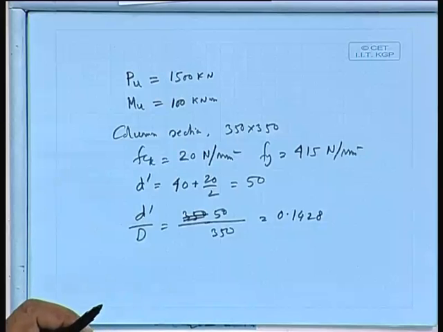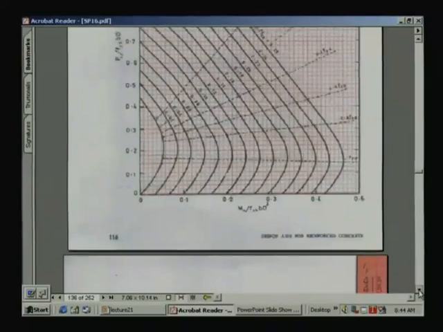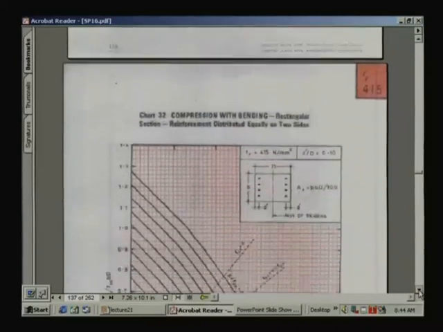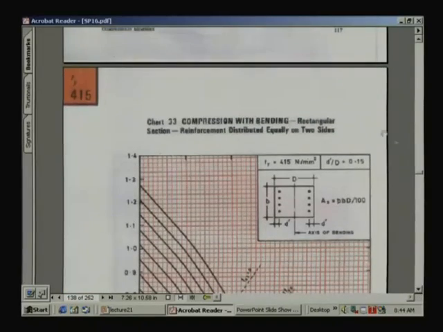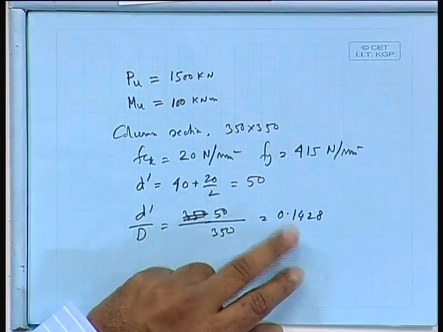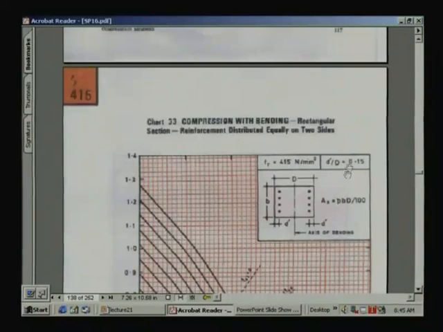Though it is not correct, we can interpolate, of course, but we can take the table or chart, because this chart says d dash by d equal to 0.15. We can take the chart for d dash by d of 0.1 and also for 0.15. Here I am getting 0.1428, which is coming closer to 0.15. So, let us assume that we shall take this one, but actually we should interpolate between these two charts.